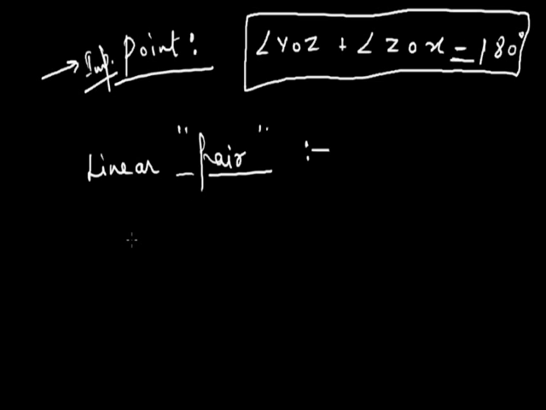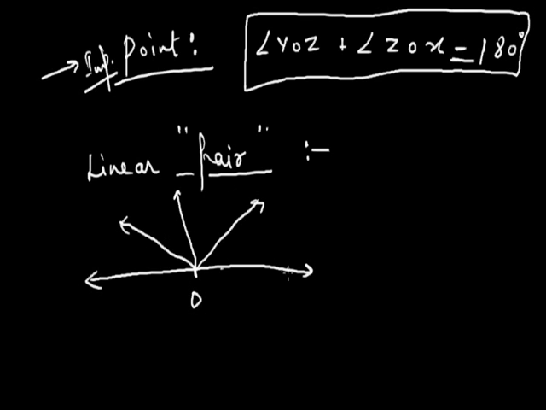When there are more than two angles, for example in this diagram, OA and OB are two opposite rays with a common terminating point O, and they are forming four angles.